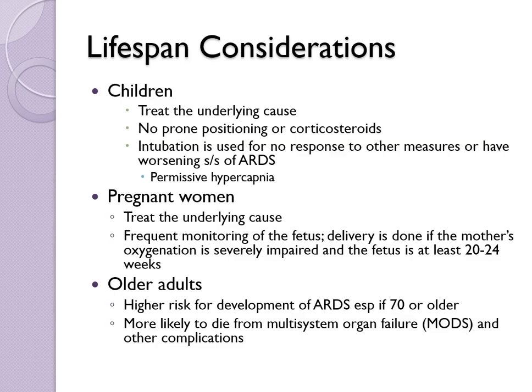So we are much more likely to intubate proactively sometimes in an adult population. In children, we really want to wait and not do that till we absolutely have to. And then they do what's called permissive hypercapnia, which is to allow that PaCO2 to elevate just a little bit. And they have specific parameters for that.